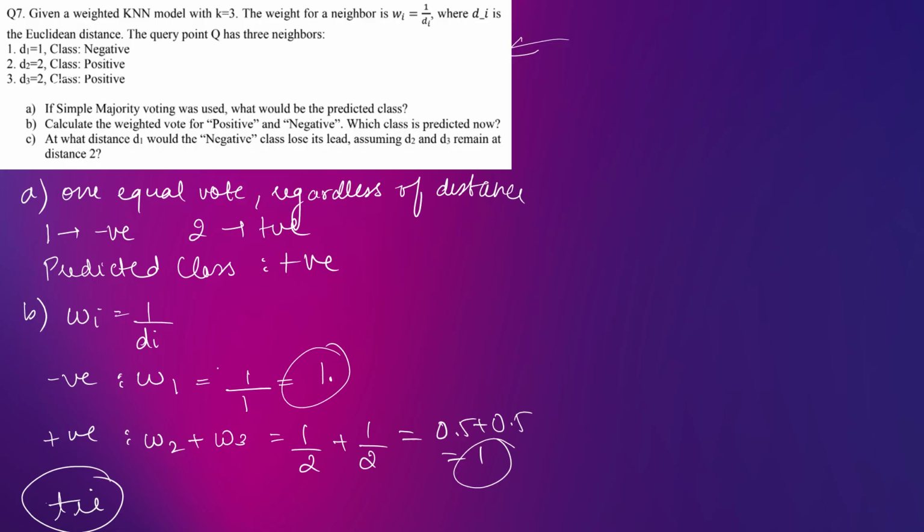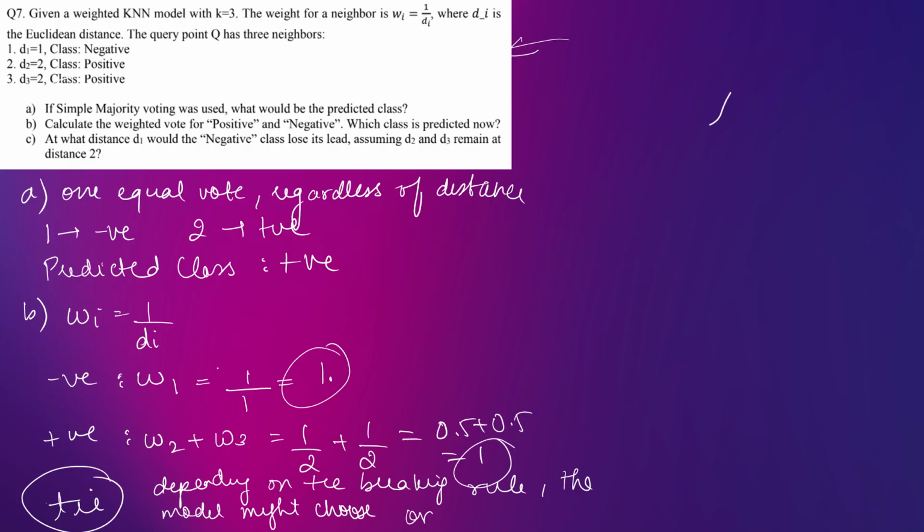Now, depending on the tie breaking rule, the model might choose, or it might pick the class of the nearest neighbor.